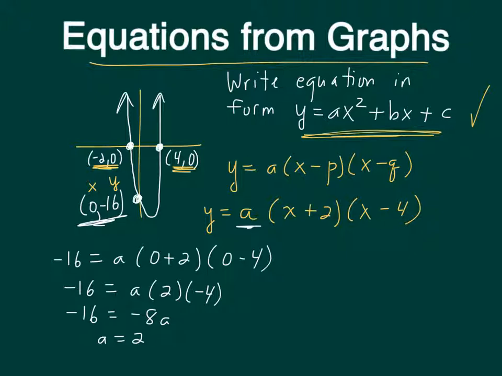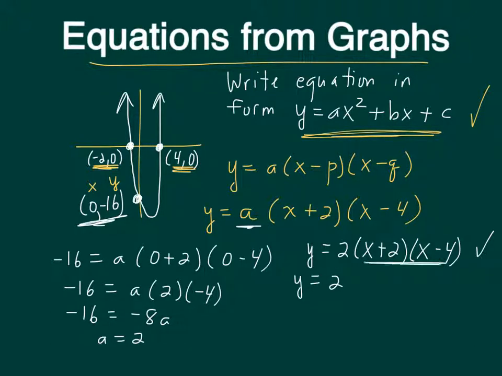Okay, so now let's resubstitute. So we know a is 2. So we're going to drop in everything else the way it was. Okay, so if it just said find an equation for this graph, we could stop here. But because it wants it in standard form, we need to do some algebra.